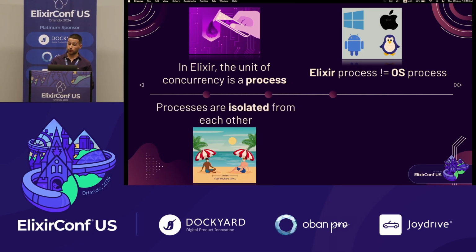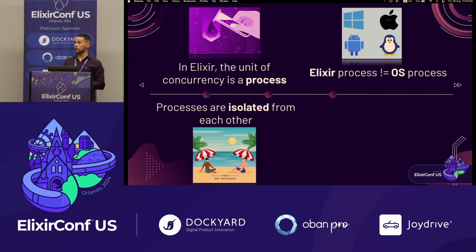We can also say that processes are isolated from each other, so a crash in one process wouldn't take down another process, since processes don't share any memory between them. Also, in terms of garbage collection, it takes place at the process level. So we avoid the situation of stopping the entire system, cleaning, and resuming execution.